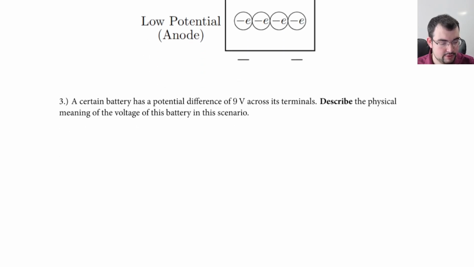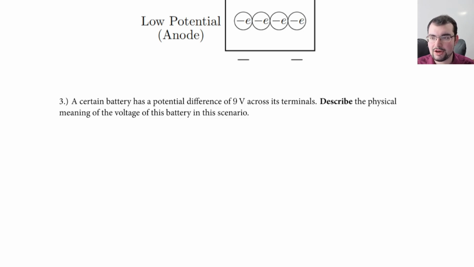A certain battery has a potential difference of 9 volts across its terminals. We want to describe what this means. We're all used to seeing batteries having voltage, but what does voltage really mean?